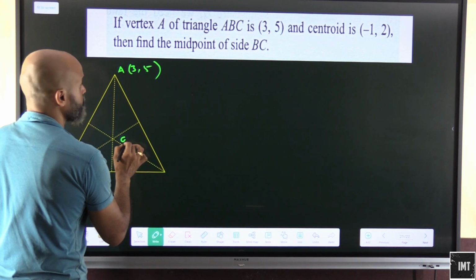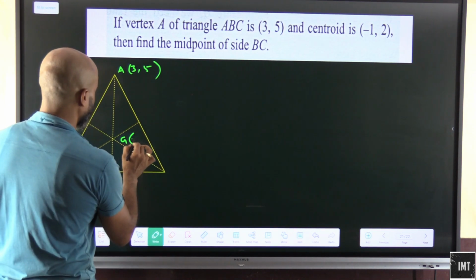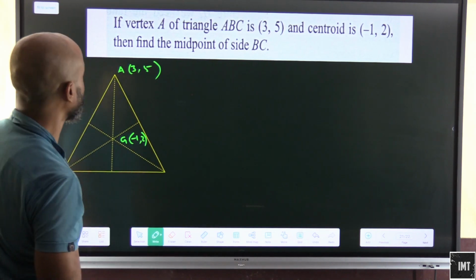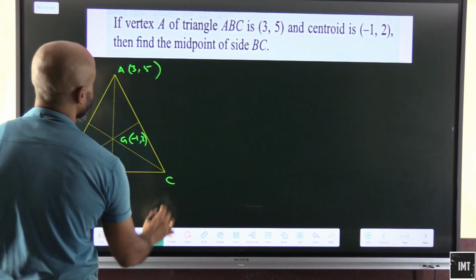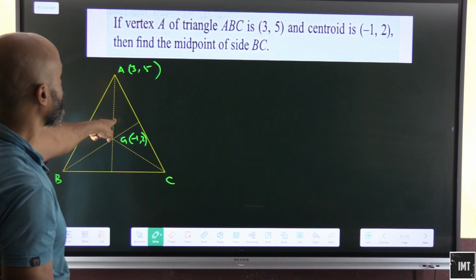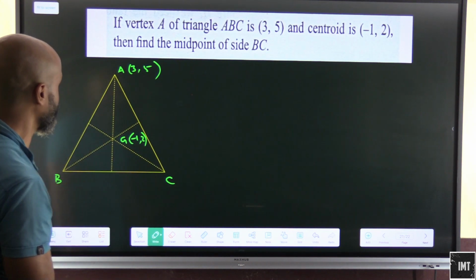We need to find the midpoint of the side BC. So this is B, this is C. A is 3, 5, centroid is -1, 2, find the midpoint of the side BC.